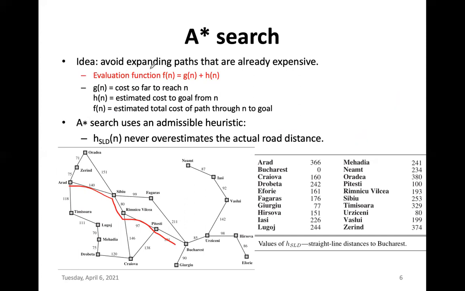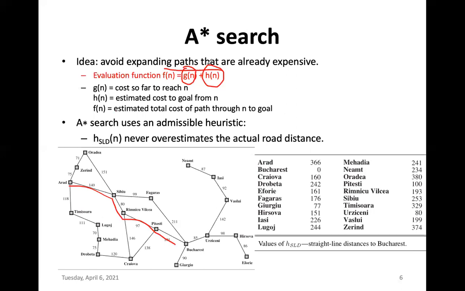This evaluation function is f(n) = g(n) + h(n). Here, g(n) is basically the actual cost, and h(n) is basically the heuristic cost.